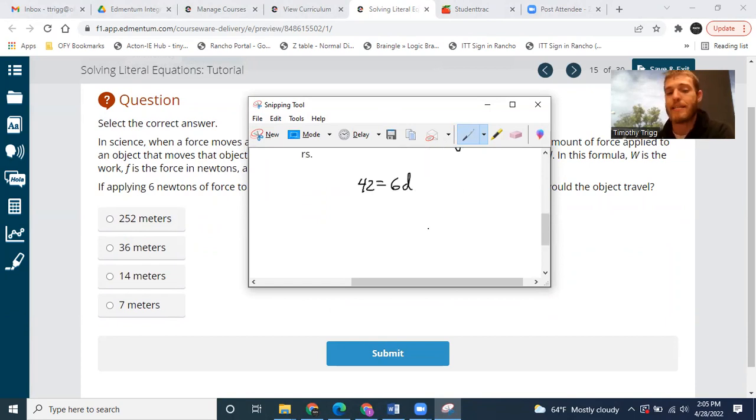We don't know what D is yet, but we can easily solve it. To get D by itself, we're going to divide by 6 on both sides of the equation. That'll give us D solved, which is 7 meters.